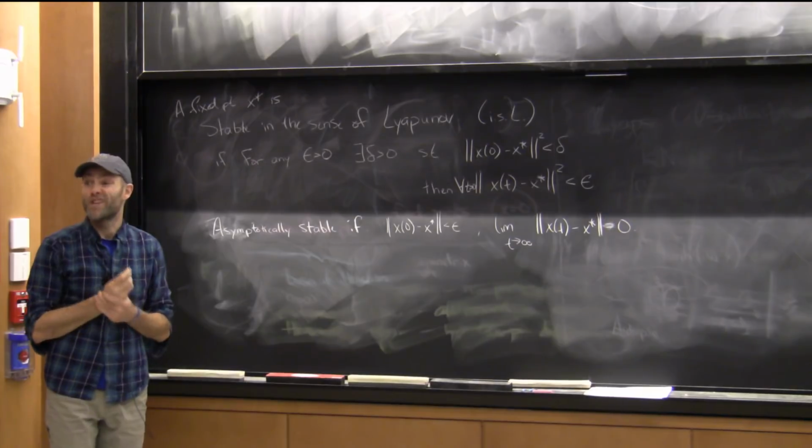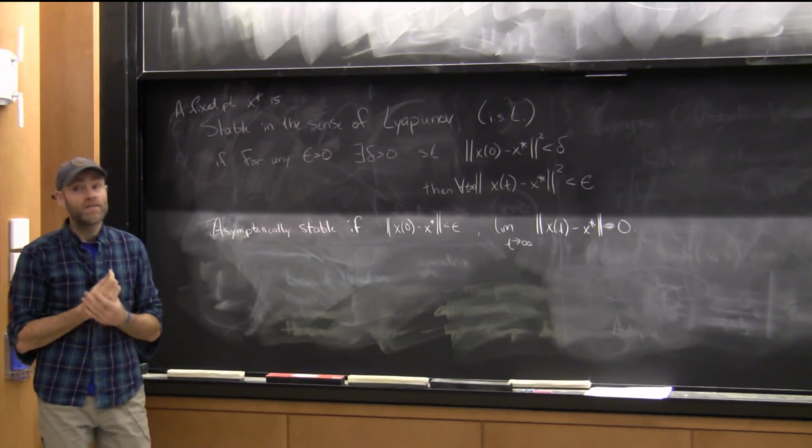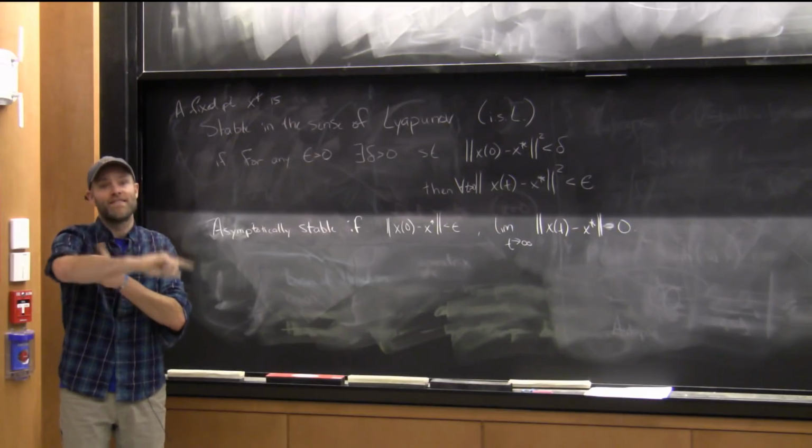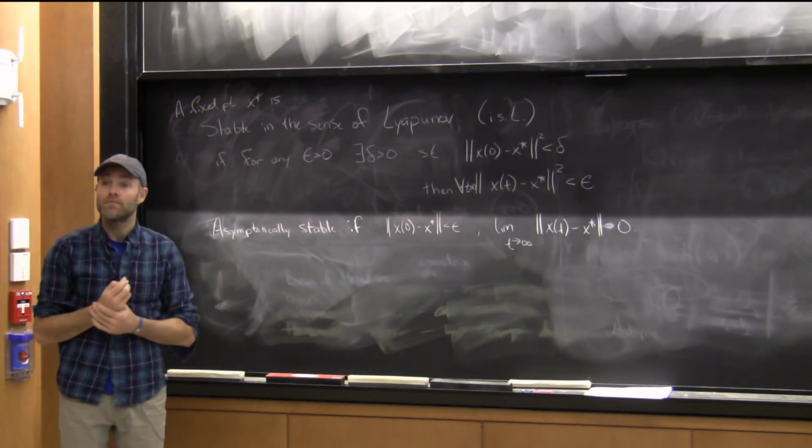That means it's actually going to go to the fixed point. It doesn't say how fast it's going to go. It just says eventually, as time goes to infinity, the limit is 0.